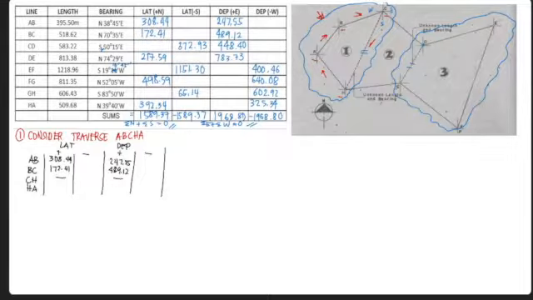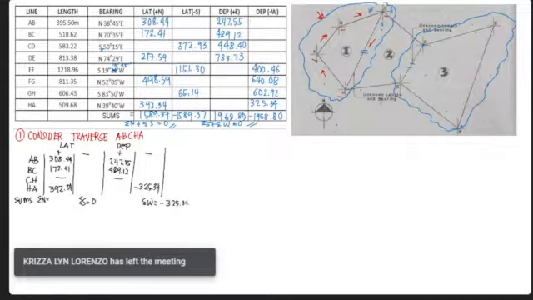So positive 392.34 for the latitude and negative 325.34 for the departure. So, if we sum up our positive north, the sum of south is 0. Sum of west is negative 325.34. So, please compute the sum of our north and east.